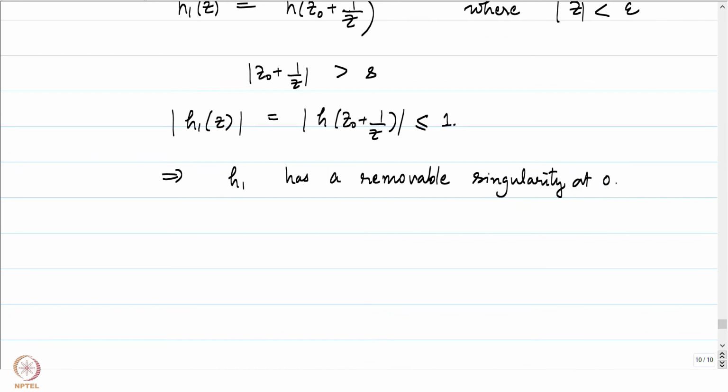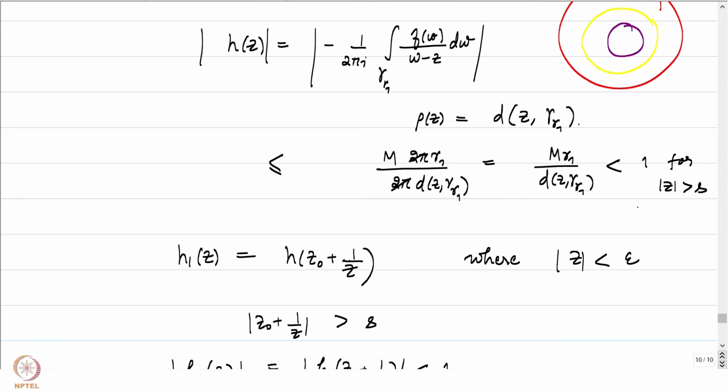At 0. That means that h1 of z can be written as summation b_n z to the power n, where n goes from 0 to infinity. In fact, notice that as the absolute value of z goes to infinity, d(z, gamma, r2) is going to be smaller and smaller.